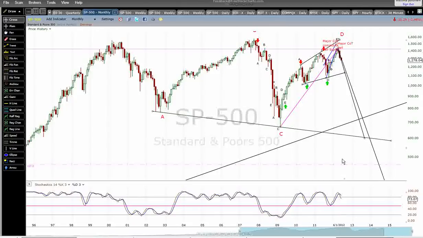Now some of these other declines only lasted a month or two or three, but if the pattern is complete here, which it looks to me that it's possible that it is for the D wave, having a successively contracting pattern here, then we may see a wave corresponding to the waves A and C here.